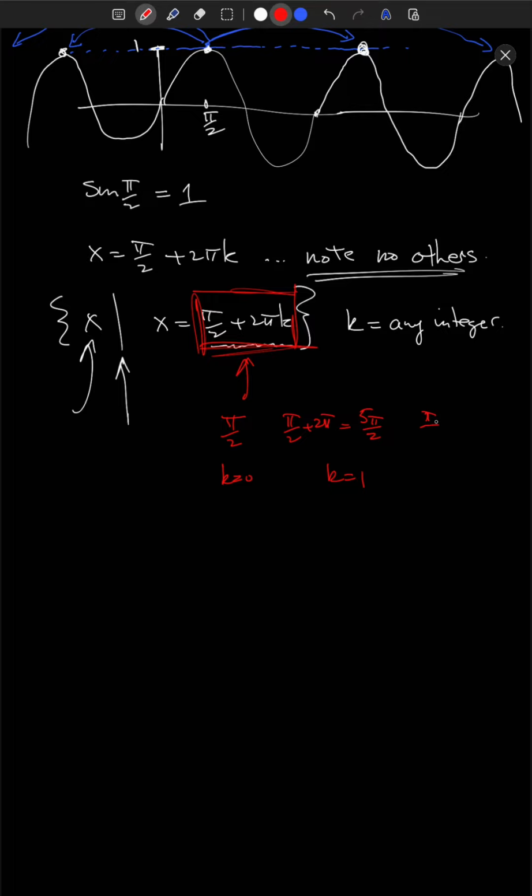Pi over 2 plus 2 times 2 pi gives 9 pi over 2, and that corresponds to k equals 2. On the other side, pi over 2 minus 2 pi is minus 3 pi over 2, which corresponds to k equals minus 1, and so on. Every k gives me a new solution, and there's an infinite number of k's, so there's an infinite number of solutions.